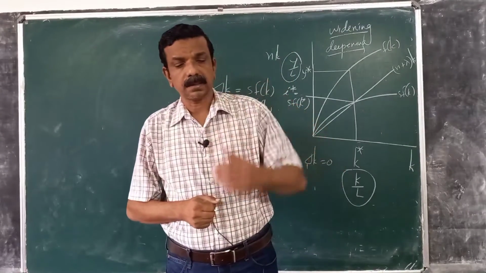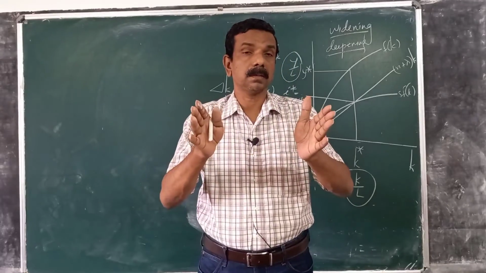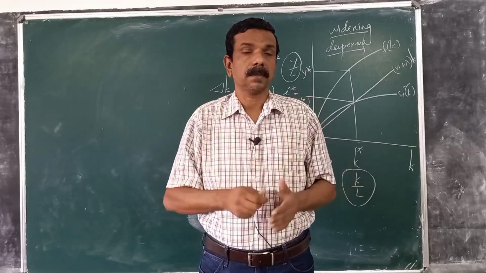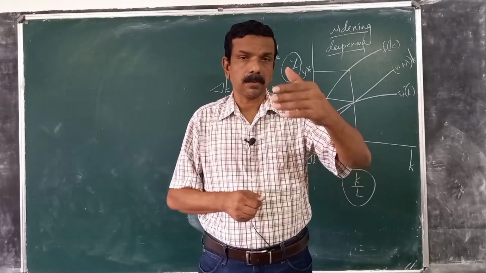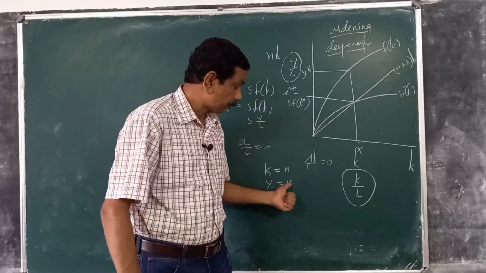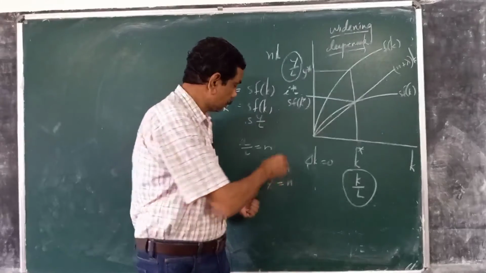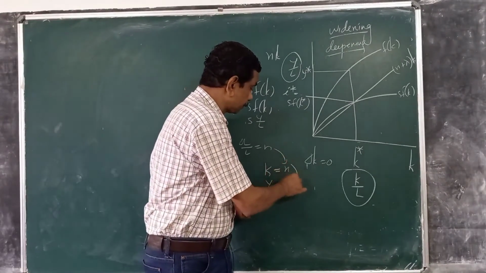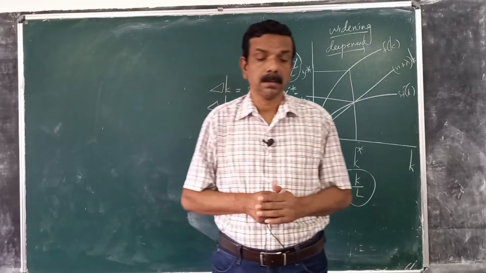So, in this version of the Solow model, there is no long run increase in per capita output. Total output grows at the same rate as population. Y and K grow at the same rate as population. Per capita income remains constant.